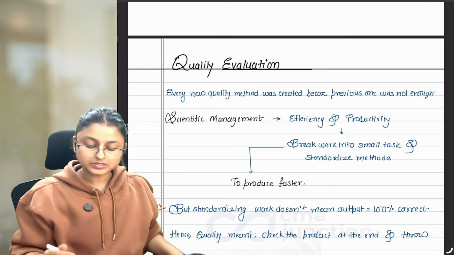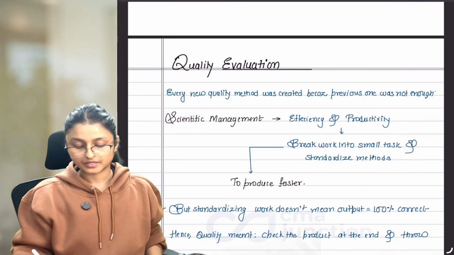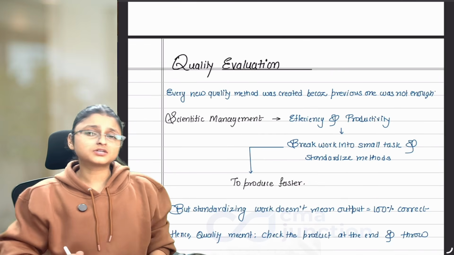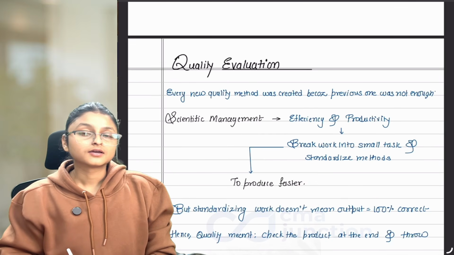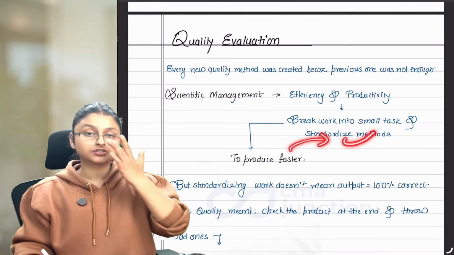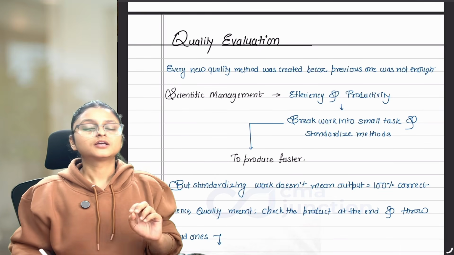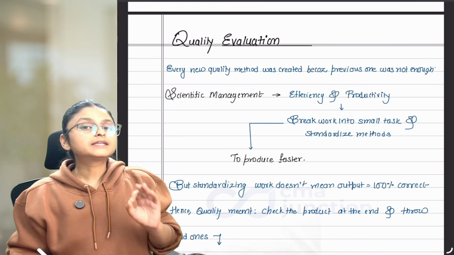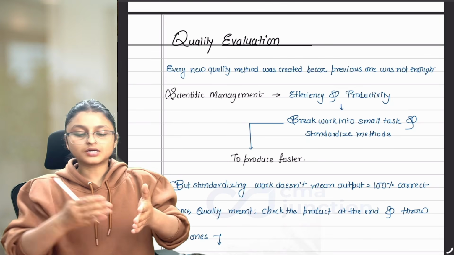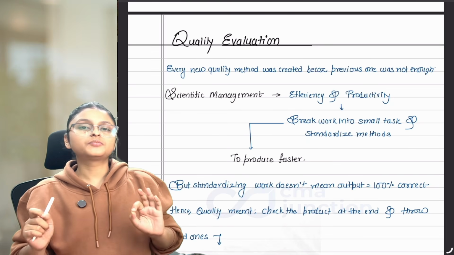So with the help of this scientific management, we were able to produce faster. But the thing is, producing faster is not quality, right? What was quality at that time? Even if you are producing faster, even if you have standardized the methods, think about it. Is it guaranteed that the product which is coming out of the process is going to be a good quality product?